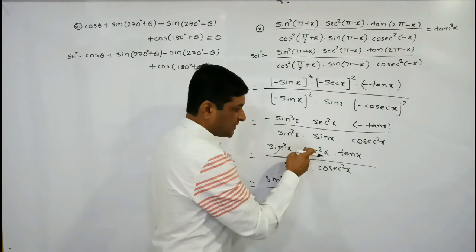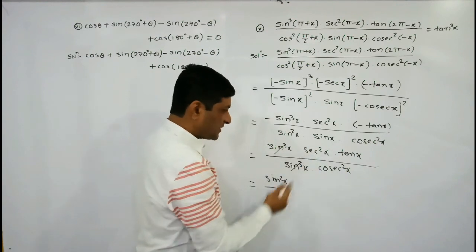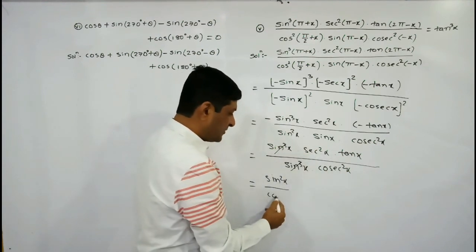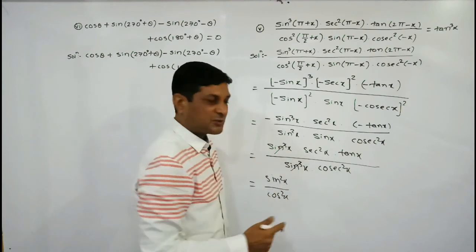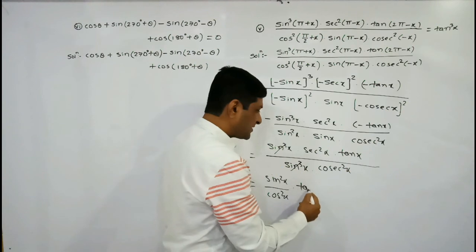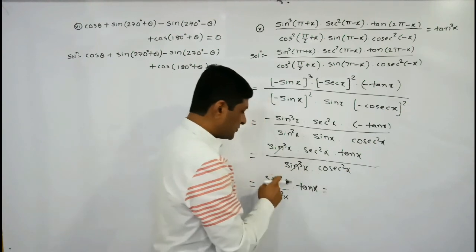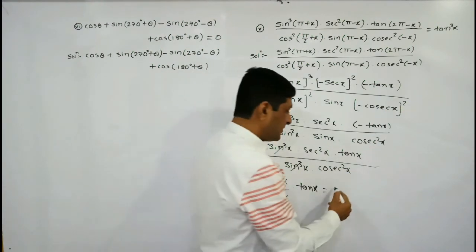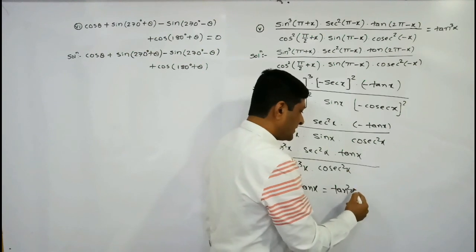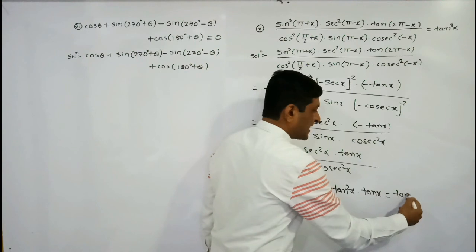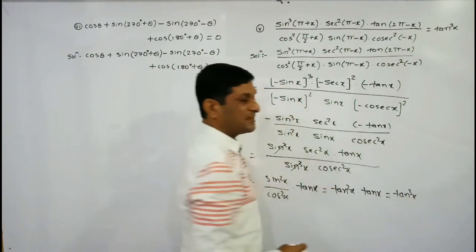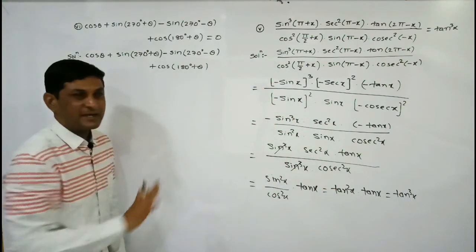And if we shift this sec square to the denominator, it will become cos square x. So sec square x can be written as 1 upon cos square x, into tan x, keep it as it is. So sine square upon cos square will be equal to tan square x into tan x, keep it as it is. So tan square into tan will become tan cube x, and this is the required result, the required right hand side.